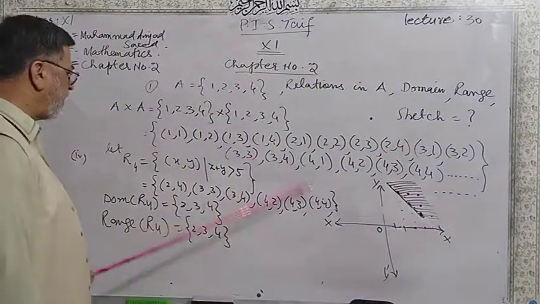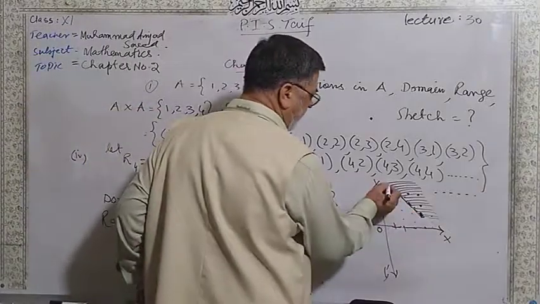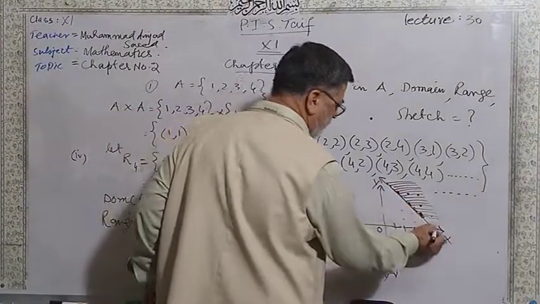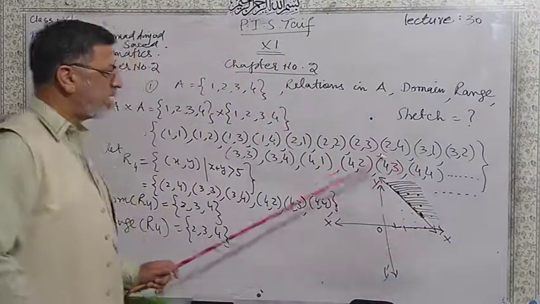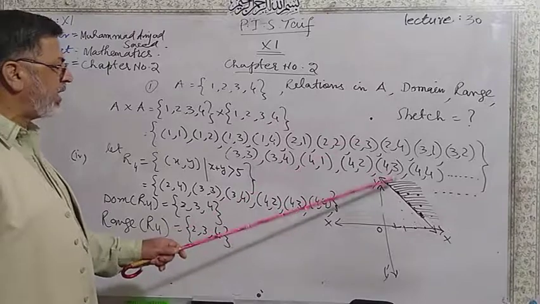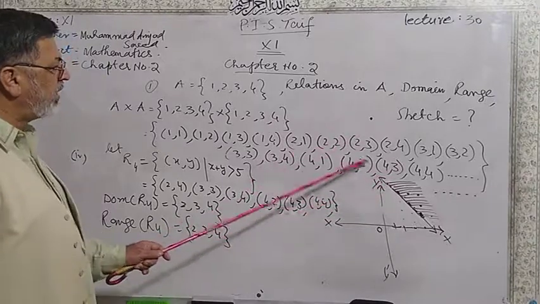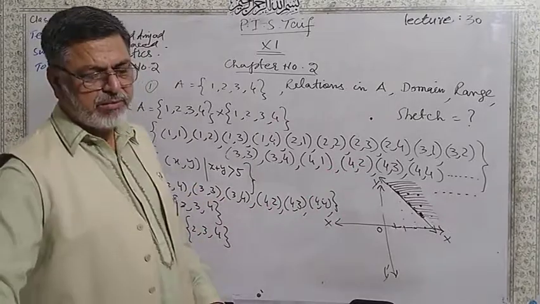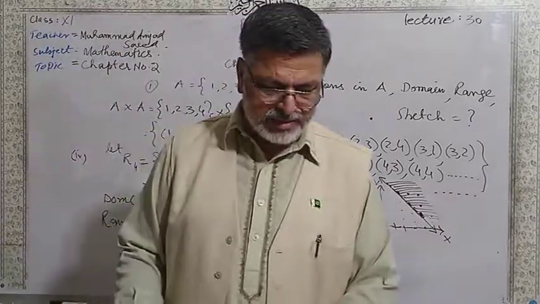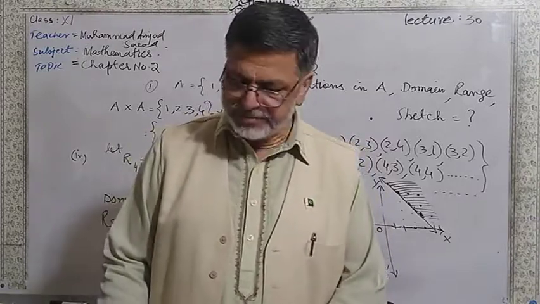So whenever you draw the graph, it will not stop. You will have arrows, right or left, because this set is not going to have an end. That's why your graph will be infinite also. So this is the difference between question number 1 and question number 2. I hope that you can do it.